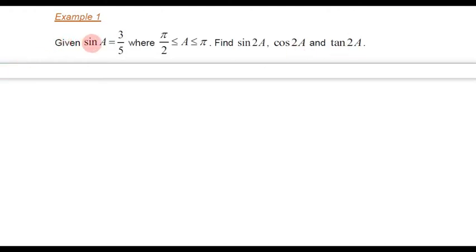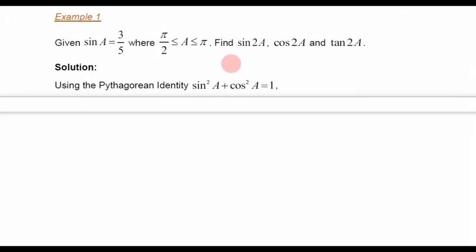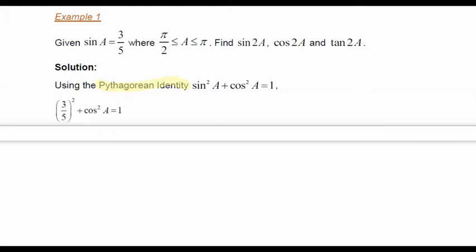Given that sine a is equal to 3 over 5, where the range of a is from pi over 2 to pi, we need to find sine 2a, cos 2a, and tangent 2a. Recall the Pythagorean identity: sine squared a plus cos squared a is equal to 1.